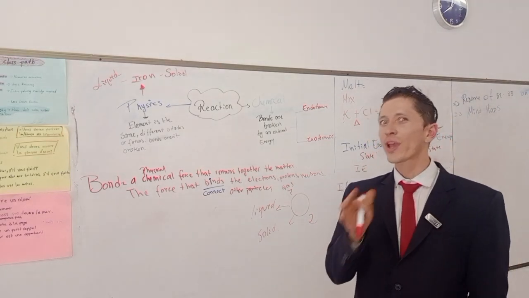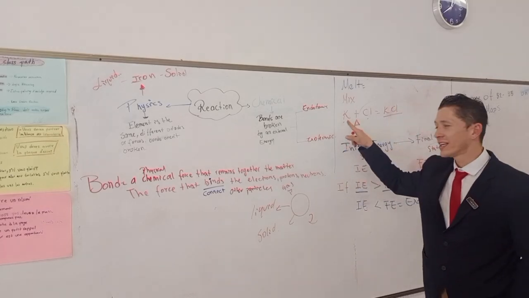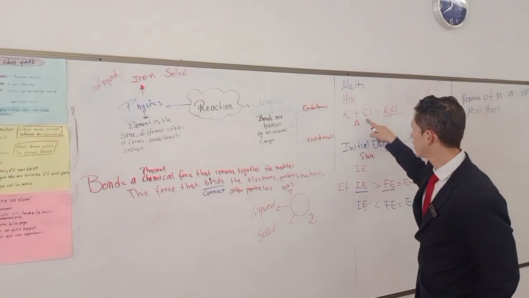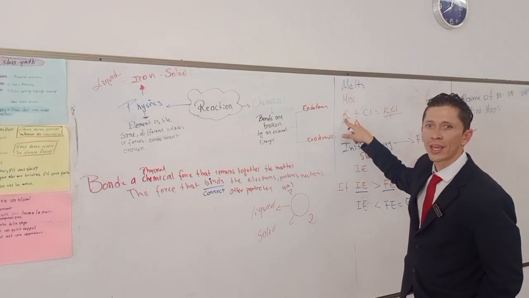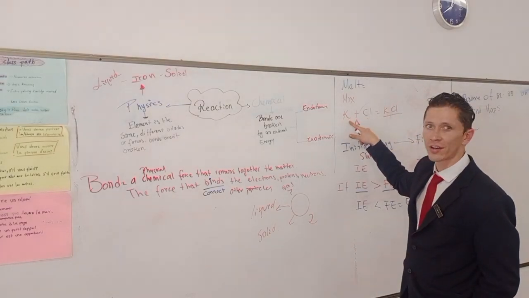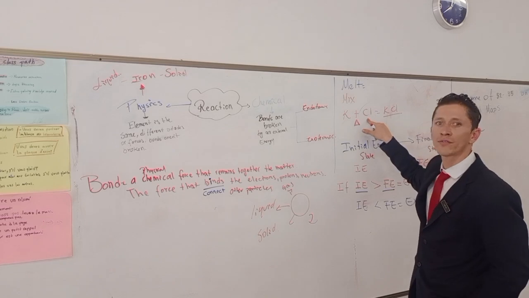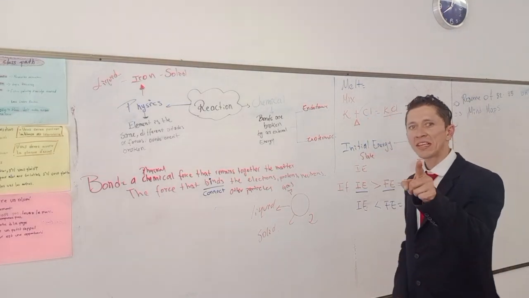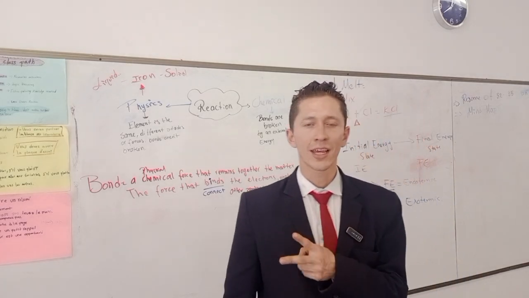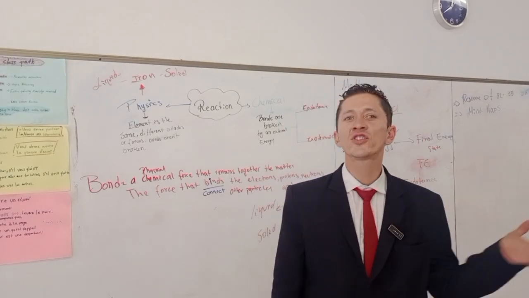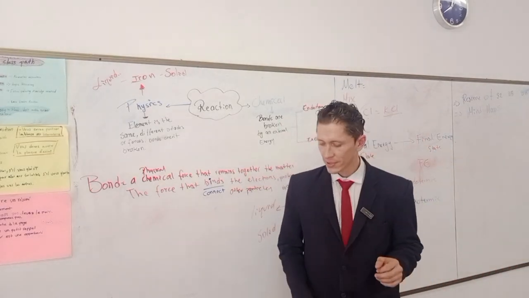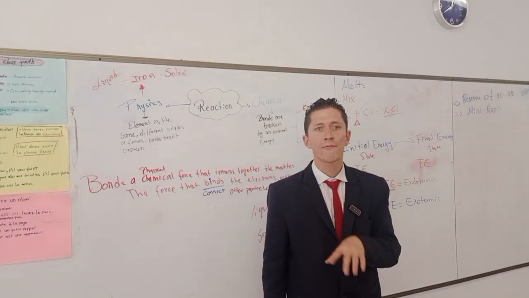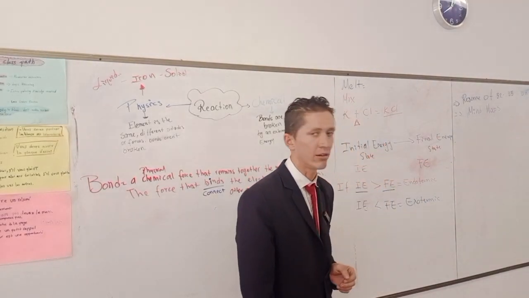This is a chemical reaction because the bonds are broken. Here we are breaking the nature of this and the nature of this, mixing both, and we are getting this. If I am mixing, it's chemical. If the bonds are broken, chemical.